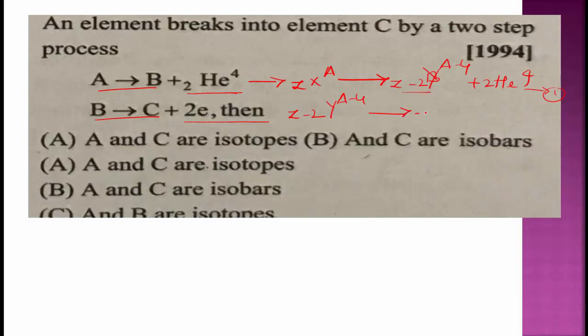It emits two electrons, so the atomic number is the same, and the mass number is the same as well. When we compare equation 1 and 2, we conclude that A and C are isotopes. The option A and C are isotopes is the right answer.